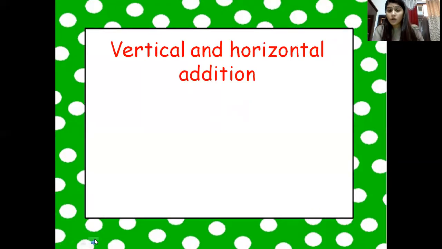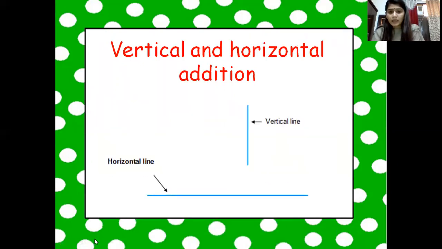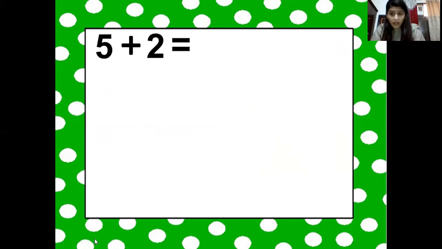Vertical and horizontal addition. First we will see what is a vertical line and what is a horizontal line. Can you see? Vertical line is the standing line, and horizontal line is the sleeping line. Now what are vertical and horizontal addition? 5 plus 2. We have taken 2 digits which we have to add. 5 and 2.